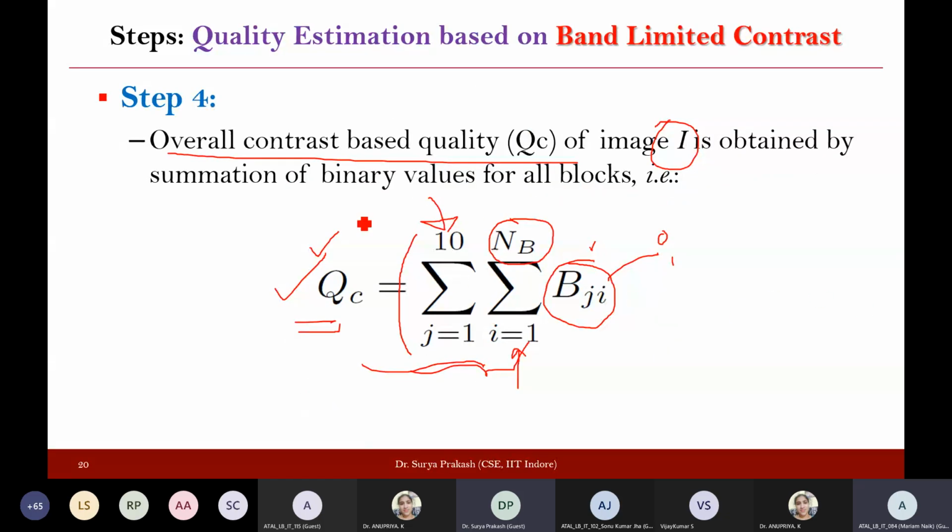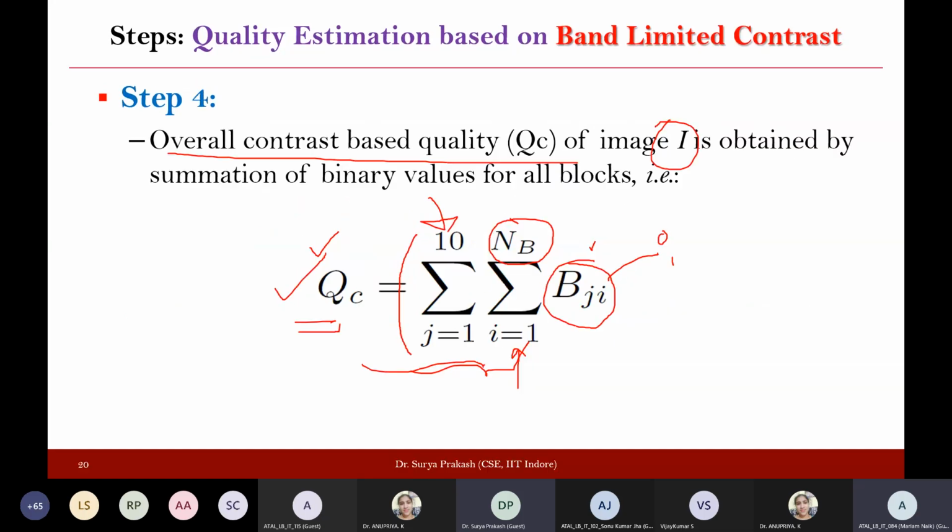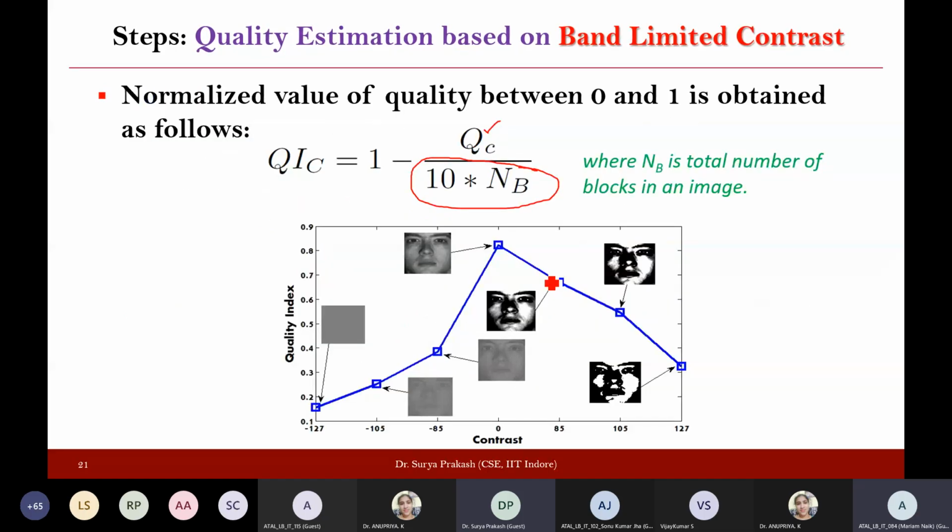So QC will tell how many blocks have value 1. Right? Because if QC is 20, this means that 20 blocks have value 1, or the other way you can say that 20 blocks are bad, because the value one is assigned to the bad blocks. So collectively, by considering the value of QC, you can find out the quality.